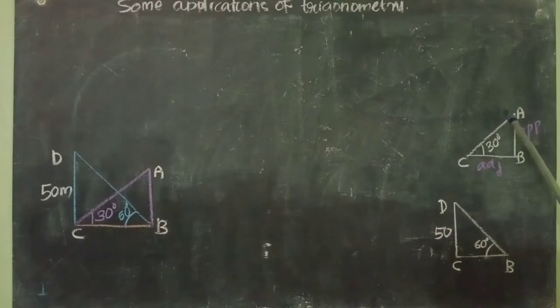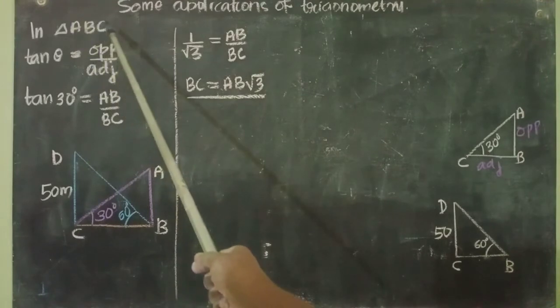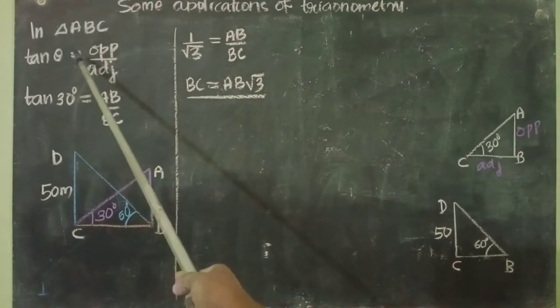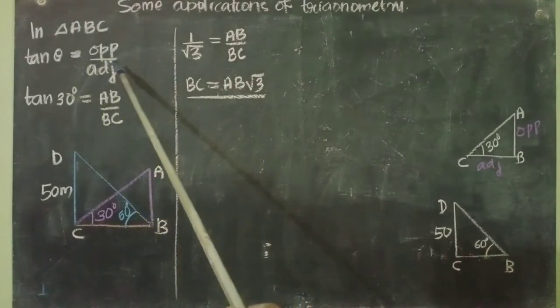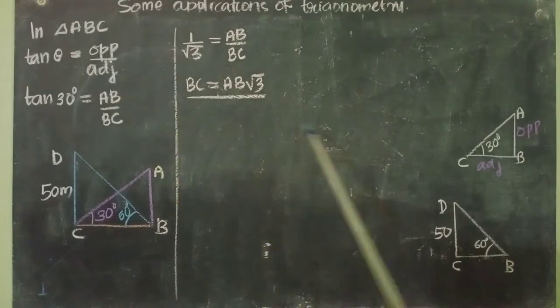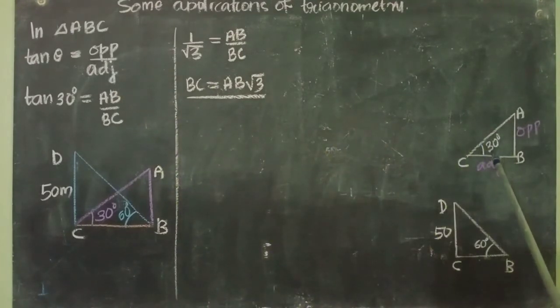Consider the first right triangle ABC. The acute angle is C with measurement 30 degrees. AB is the opposite side. BC is the adjacent side. Let us take the ratio. In triangle ABC, tan theta equals opposite side by adjacent side. Here theta equals 30 degrees.